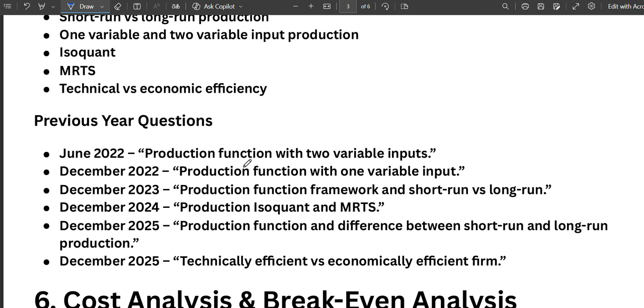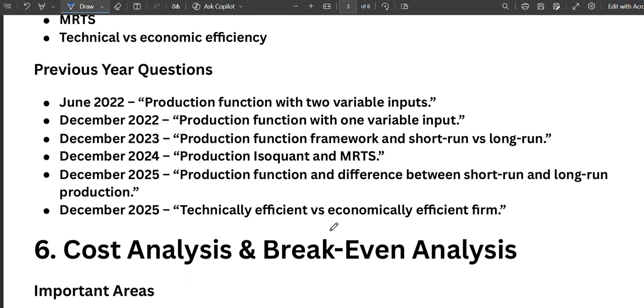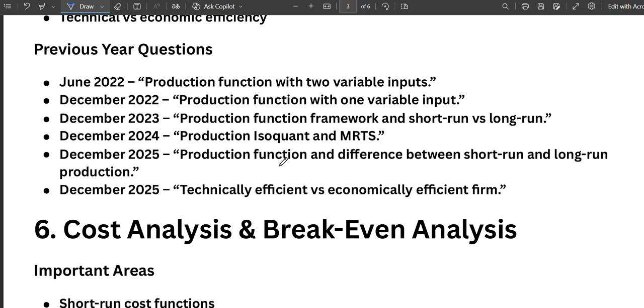You can see that production function has been asked multiple times in these question papers, so there is a high chance it can be asked in the coming June 2026 question paper. Learn what the production function is, learn the graph and the things related to it like production isoquant, MRTS, short run, long run, and variable inputs. What are the variable inputs, and how are they related to the production function? Learn it.